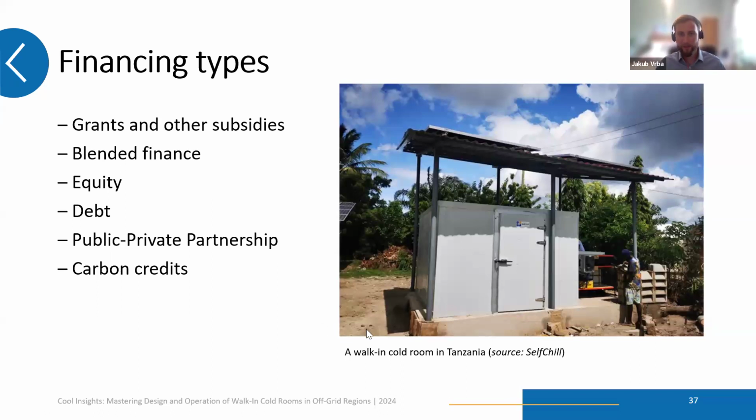So in the guide, we actually dive into every one of these individually, but I can give you a very quick overview of some of these financing types, starting with grants and other subsidies, perhaps the most common to date when it comes to cold rooms. We have got various grant providers that have supported cold room developers, including the Efficiency for Access R&D Fund, Powering Renewable Energy Opportunities, and EEP Africa.